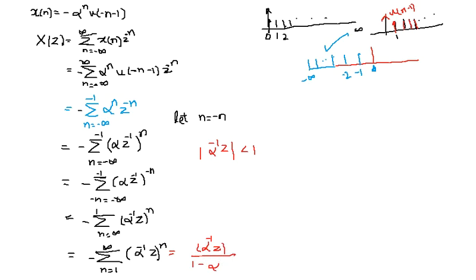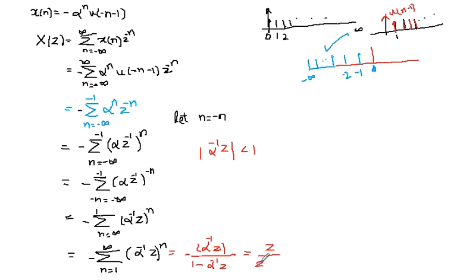So let's write it properly. So 1 minus alpha raised to minus 1 into z. So no need to use the bracket also. And when we simplify, this becomes z by alpha, again z by alpha, and there is a minus sign also, which makes this as z divided by z minus alpha.